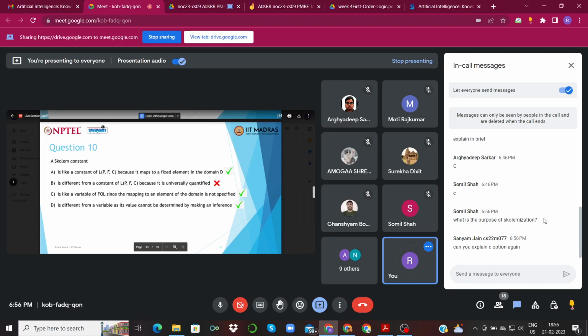But when we try to implement it using some code, we need to have it in a form that is convenient for the computer to understand and also for us to code. So Skolemization helps in that aspect. That's why we have this concept of Skolemization, Skolem constants and Skolem functions. If you revisit the lectures from this topic, you'll see that Professor Deepak Khemani also gives a brief idea about why we do Skolemization.